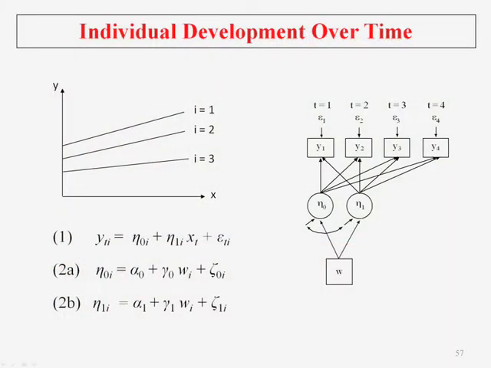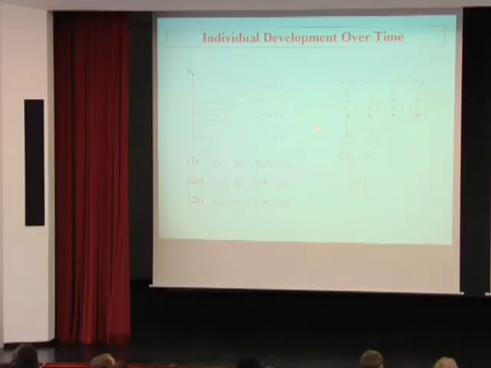Now in the latent variable framework of looking at this, these random effects, eta 0 and eta 1, are considered to be latent variables, which is natural. You cannot observe them in the data. They're not measured. So they're latent, and they do vary across individuals. And we may draw a picture of it in a model diagram.